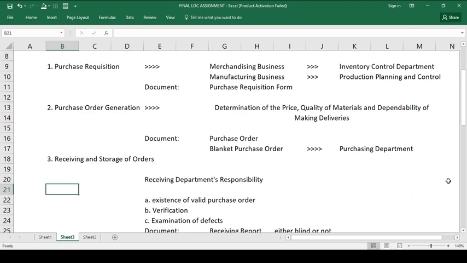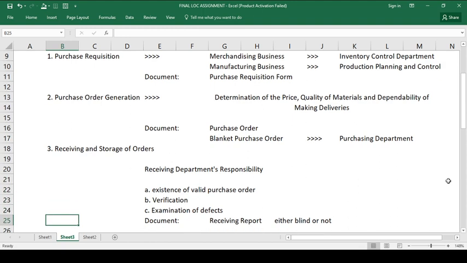that we will receive. Later, the document required on the receiving department is the receiving report.